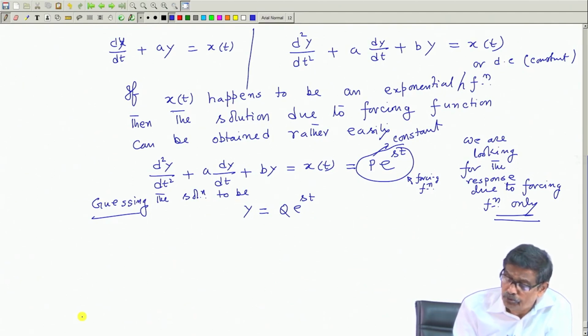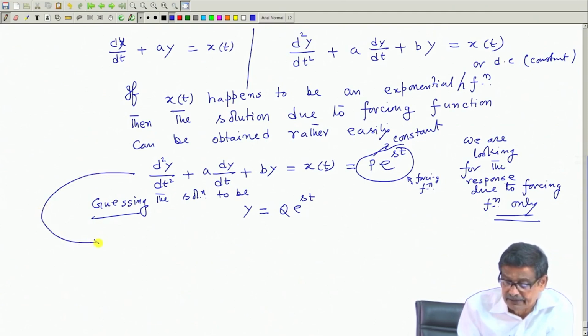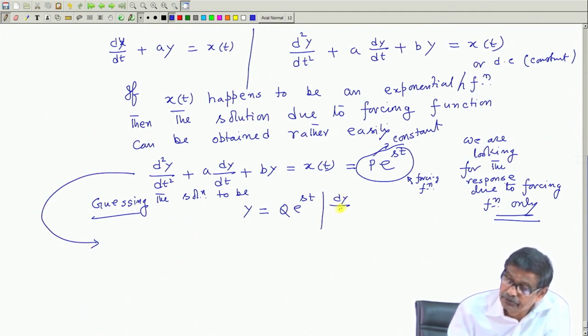So what I do is put this solution on the left hand side. I have to calculate dy dt because I have to put it here. If you assume this to be the solution, dy dt will be s into q into e to the power s t, is it not?